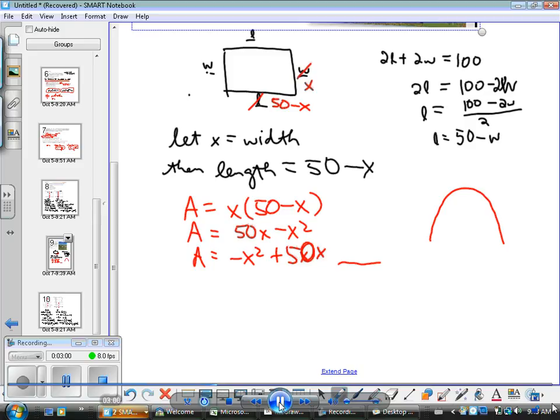Since that is a quadratic equation that opens down, and it has a y-intercept of 0, you know that it's going to have a maximum, and P and Q are going to be the coordinates of that.